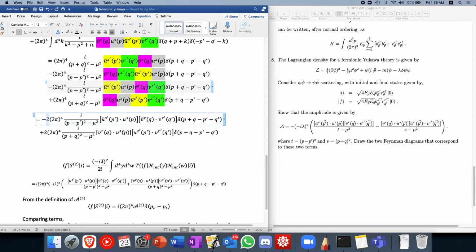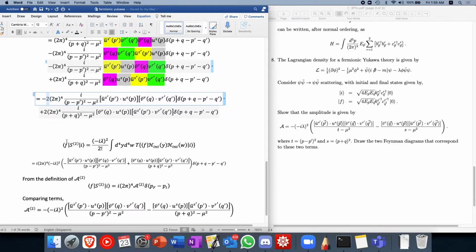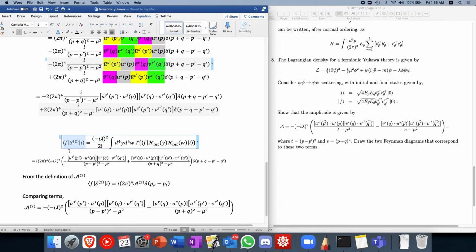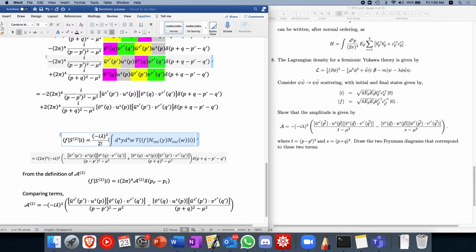Then going back to the initial problem of calculating the scattering between the initial and final states, the second order scattering is given by this full term over here. We see that we have already computed this part. This is just a constant, so we plug this into here, and we obtain this.